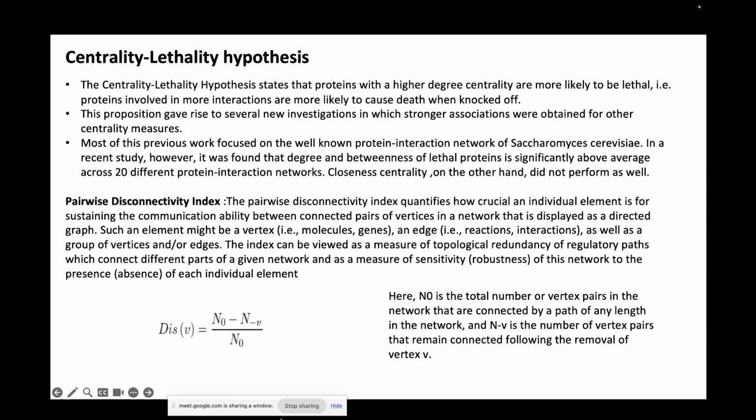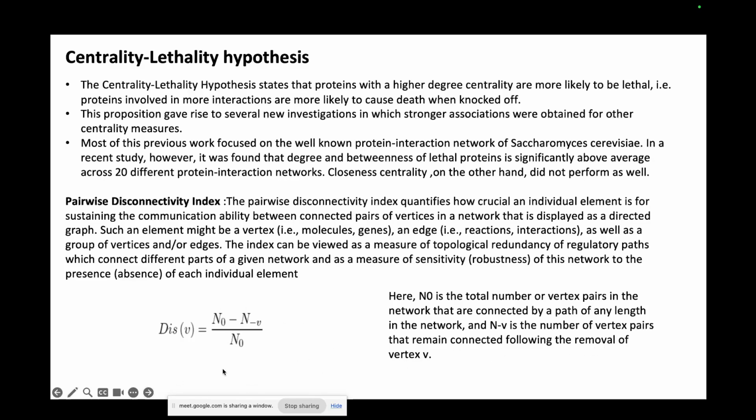Right. So yeah, this is the expression by which disconnectivity is measured. So here your n naught is basically the number of vertex pairs in the network that are connected by a path of any length in the network, and NV is the number of vertex pairs that remain connected following the removal of V.